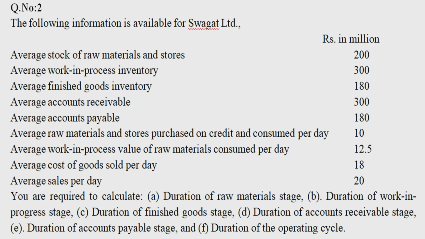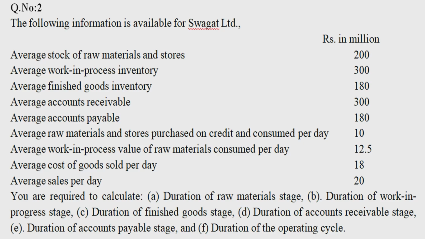Next sum, the following information is available for Swahat Limited. Average stock of raw material and stores is given, average work in progress, average finished goods, average accounts receivable, average accounts payable is given. Next, average raw material and stores purchased, average work in progress value of the raw material per day is given.